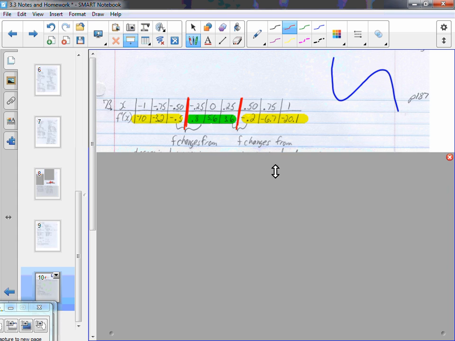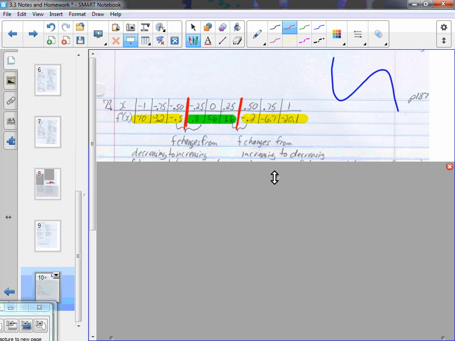That means f changes from decreasing to increasing at that first little red mark I put, and then it changes from increasing to decreasing at the second little red mark I put. How come? Because f prime is negative there, f prime is positive there, f prime is negative there.